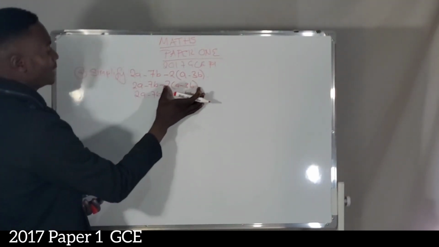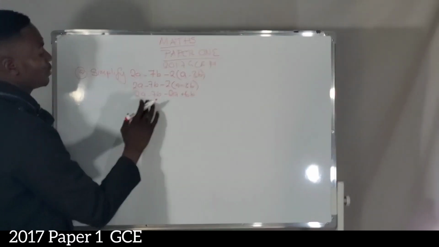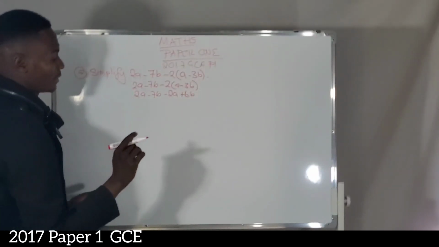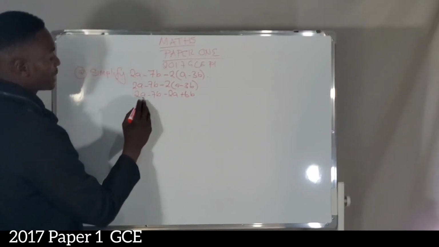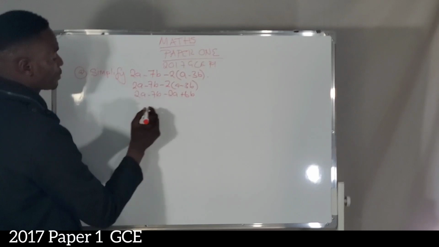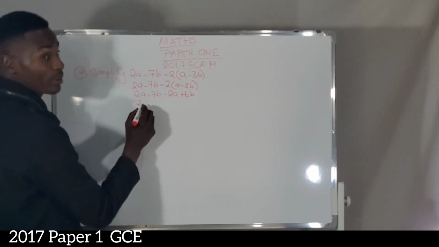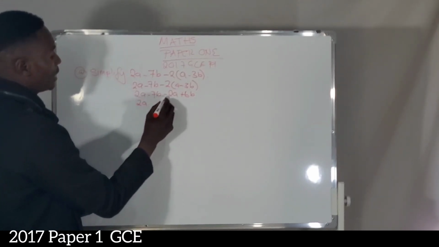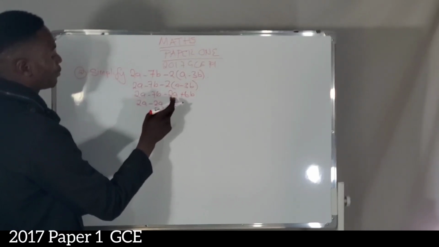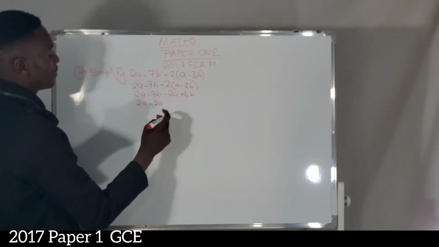You just expand here. Then when you reach this stage, you collect like terms. All right, so here there is an a, even here there is an a, there is b, even here there is b. So you can collect them or group them. 2a, this will be minus 2a. It is still minus when it's changing position.